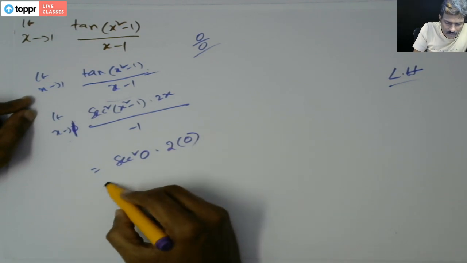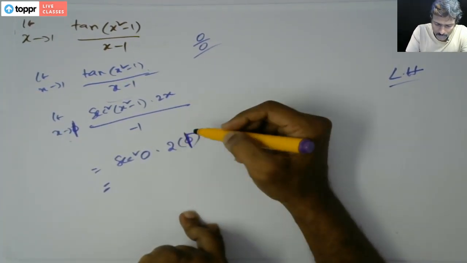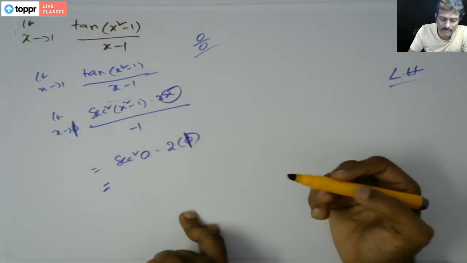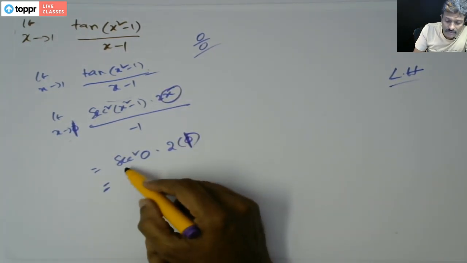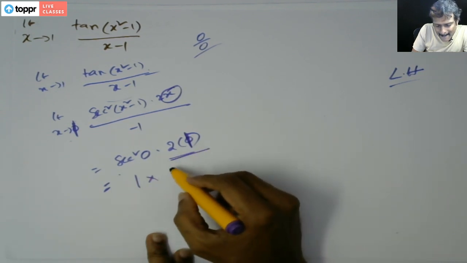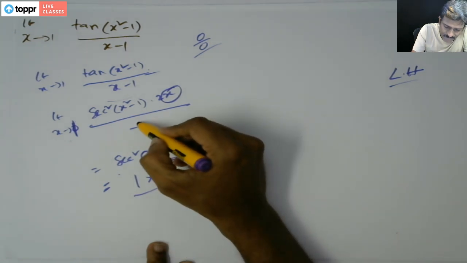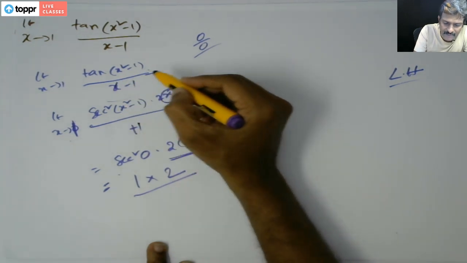Secant square 0 is 1, times 2 times 1 is 2, by... this is plus 1, guys.